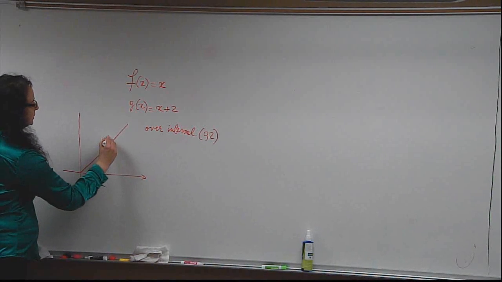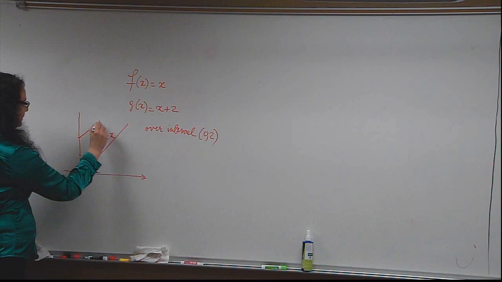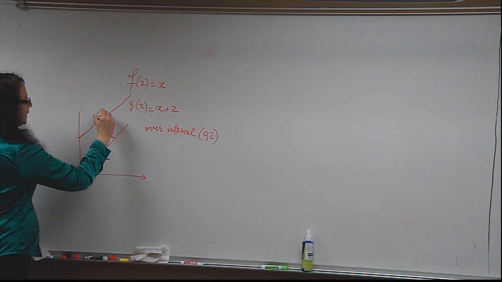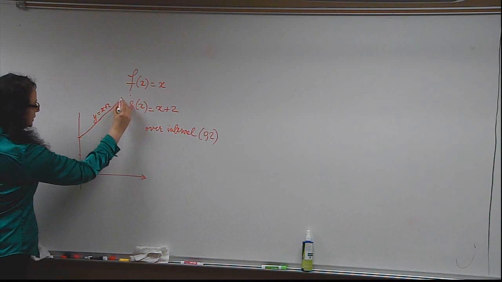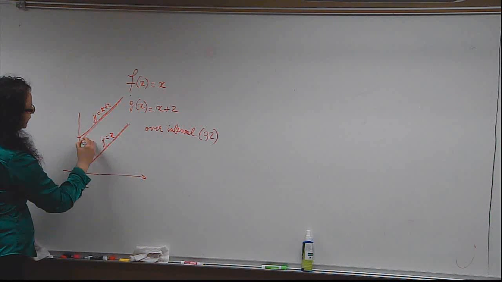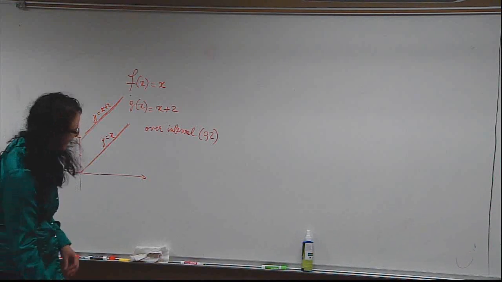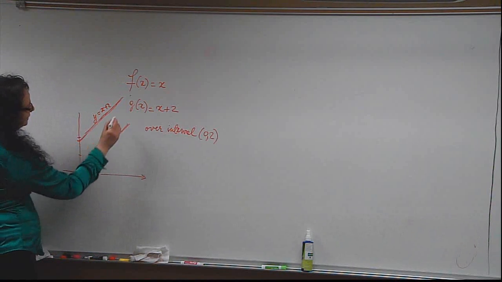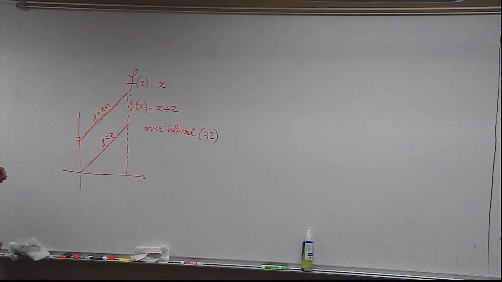y equals x. y equals x plus 2. It looks horrible. Guys, you have to forgive me. These are parallel lines, for God's sake. Do they look parallel to you? Let's say we are in hyperbolic space, and then they could be anything. No, now it looks okay.